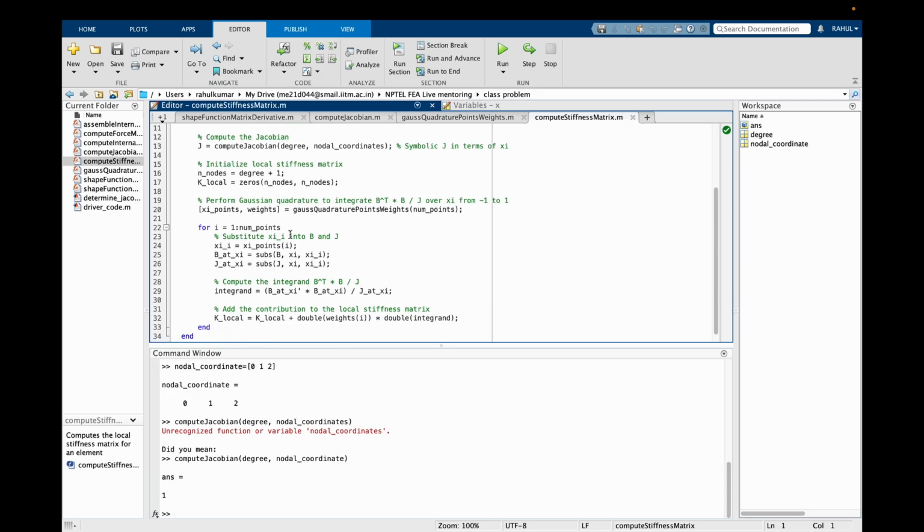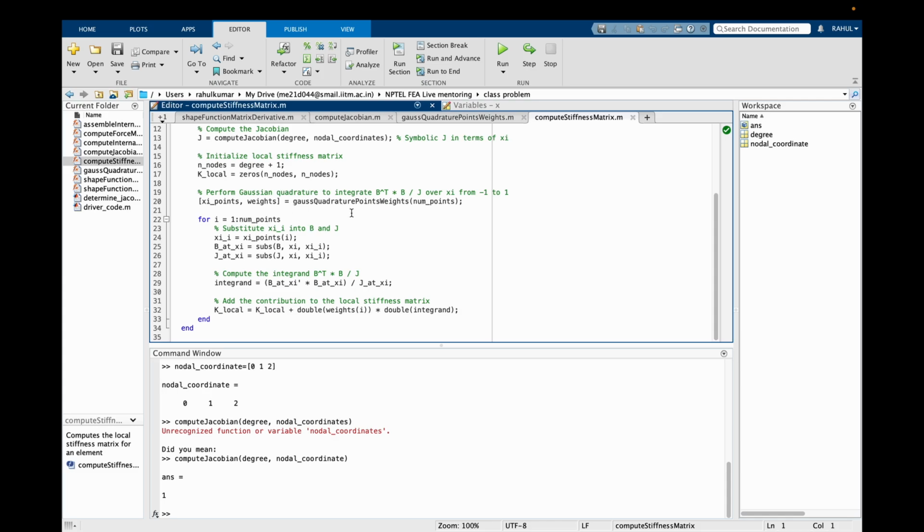For the K local we are initializing, because we have to do the Gauss quadrature integration. It will populate after completing the loop. Based on the number of points we already called Gauss quadrature points, it will automatically give the xi points and weights.